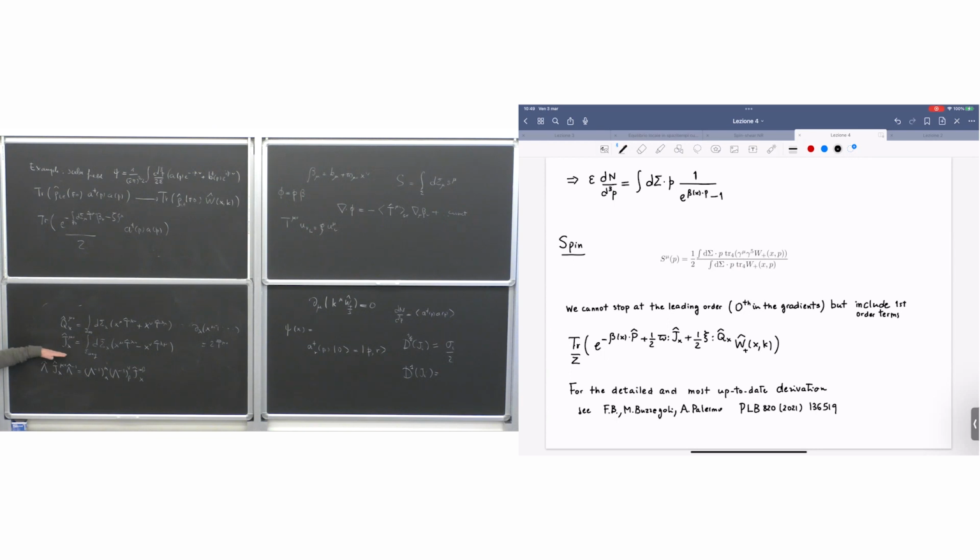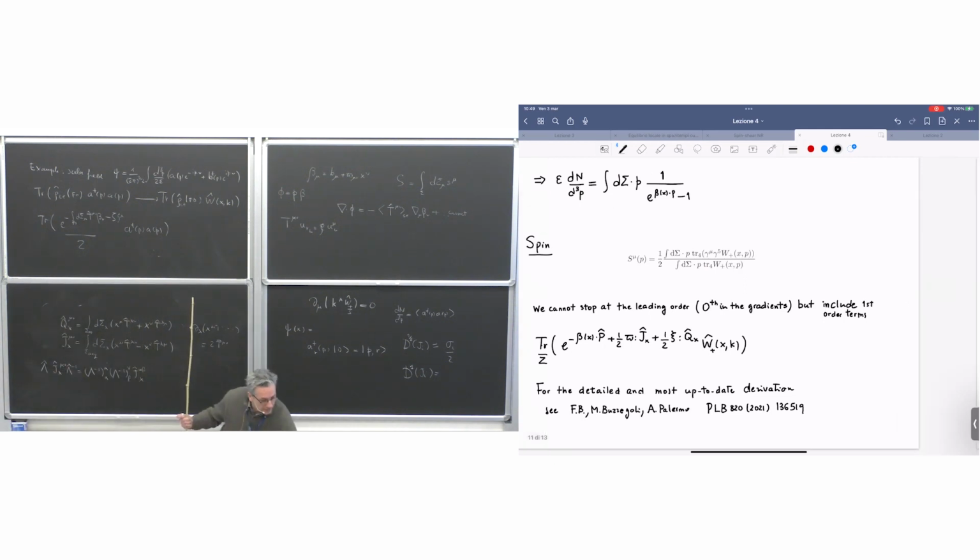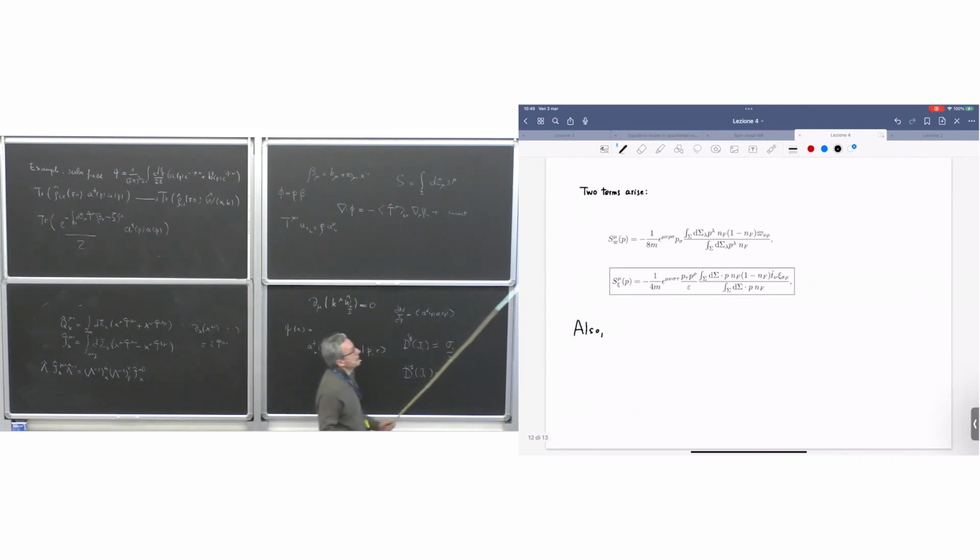When you talk about a tensor, it should fulfill this relation, which is shown in the fact that this formula is fully covariant, whereas this object does depend on the hypersurface. So this is not a tensor operator.